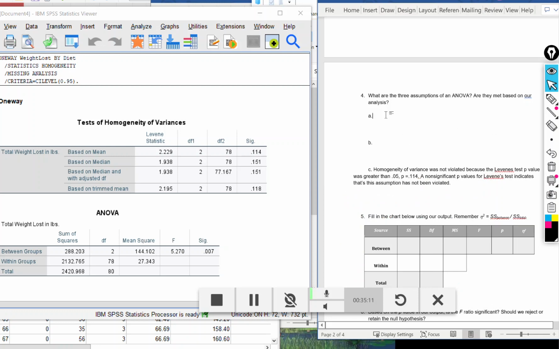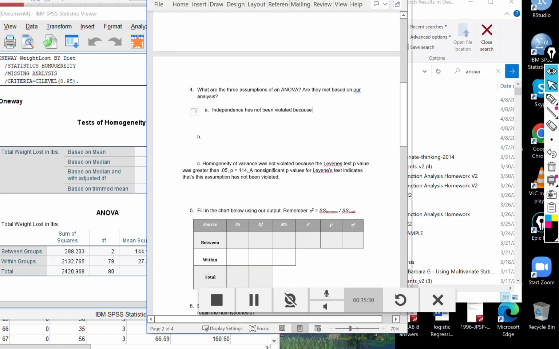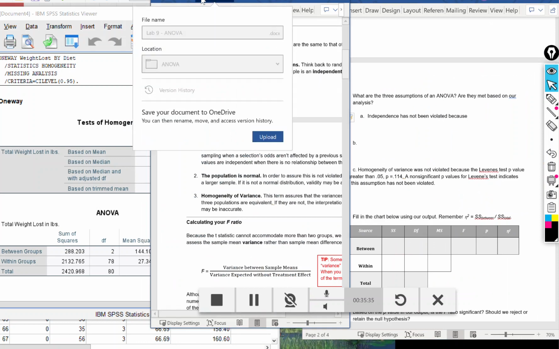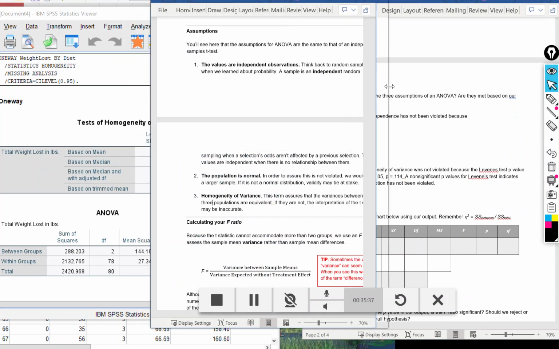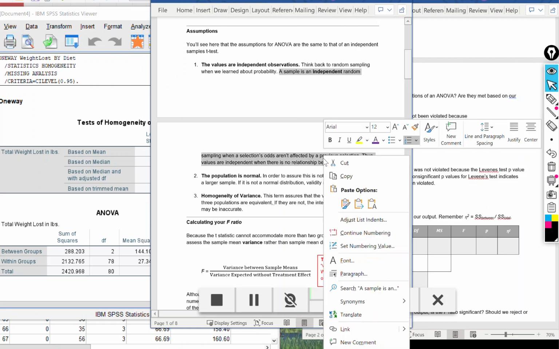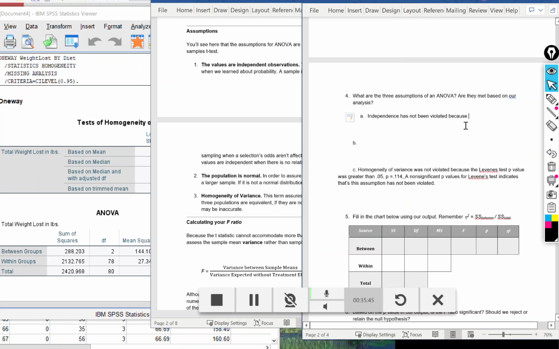Independence has not been violated because, well, why is that? If we go right here, it was written in this description right here.